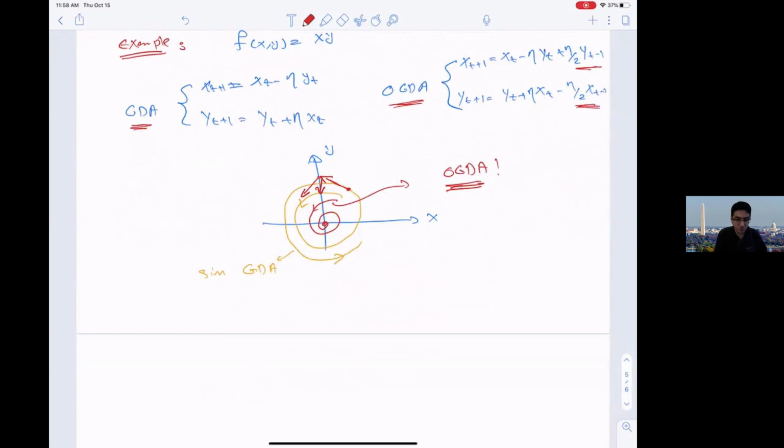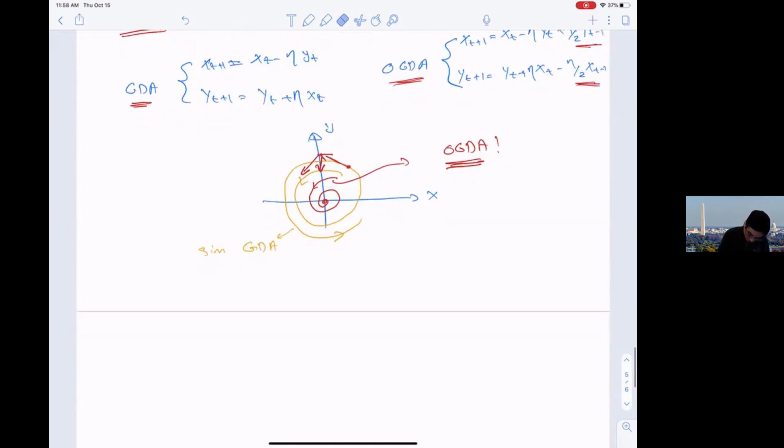But is it true for other bilinear functions? We know that GDA doesn't converge in general, even for a bilinear function in an unconstrained case. But what about OGDA? In fact, the answer is yes, not only for x times y, but for more general cases, OGDA converges, and that's a result recently proved by a couple of papers.